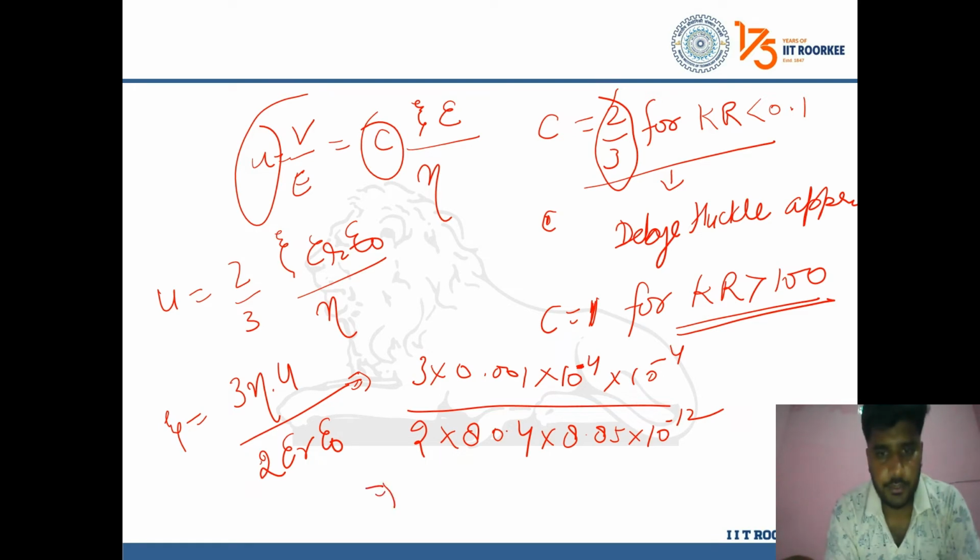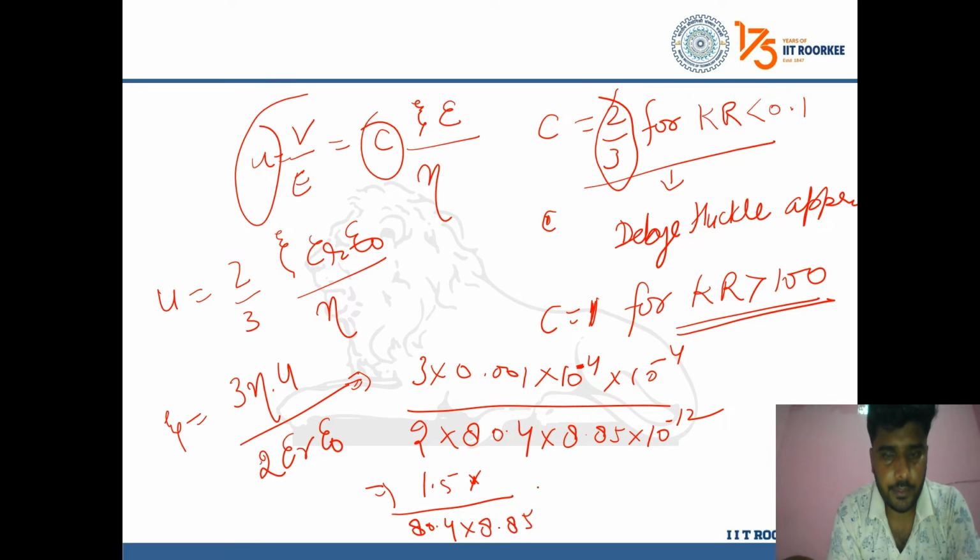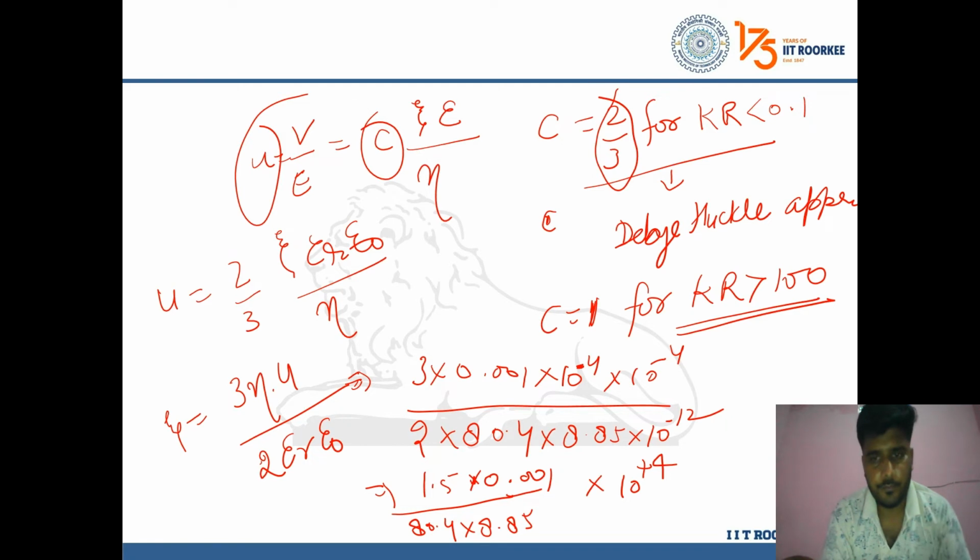So this will be 1.5 into 0.001 divided by 80.4 divided by 8.85.